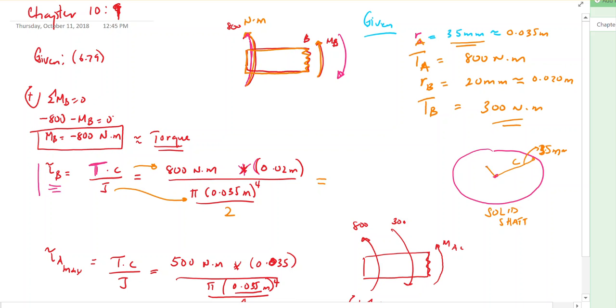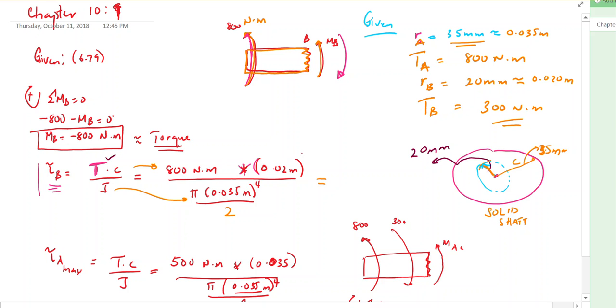Yeah, so they want you to find at some location that is not the outer parameter. This is the value that they're talking about here. 20 millimeters. Yeah, this would be T times, exactly.